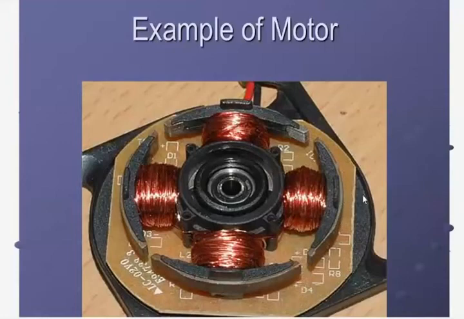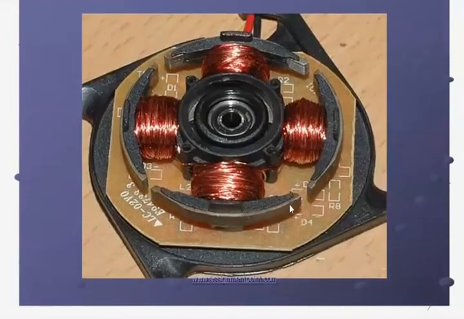That's why they will repel or attract each other, and hence rotation will be created. And here a ball bearing is arranged, so during rotation less friction is produced, so maximum electrical energy is converted into mechanical energy. So this is the real picture of an electric motor.